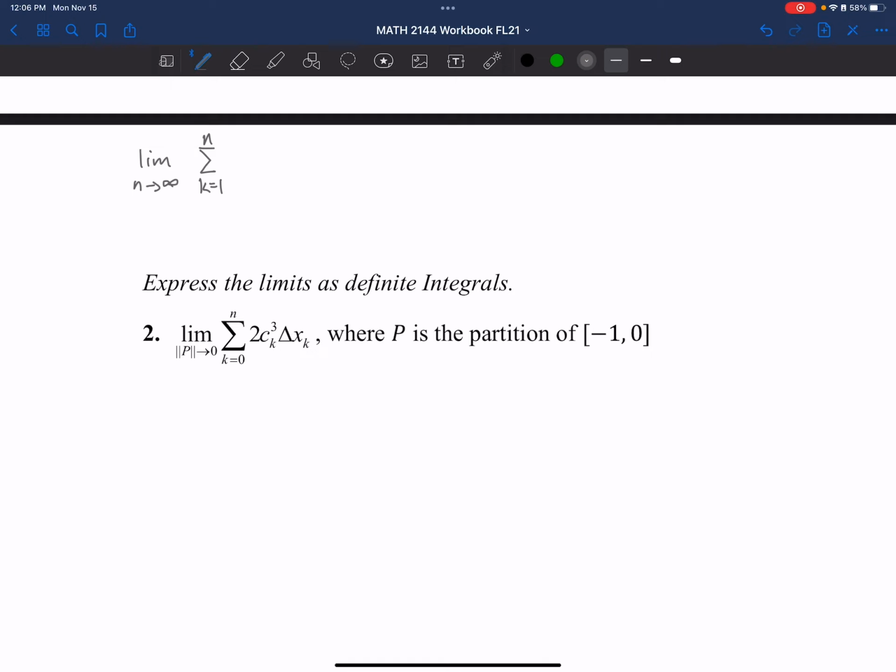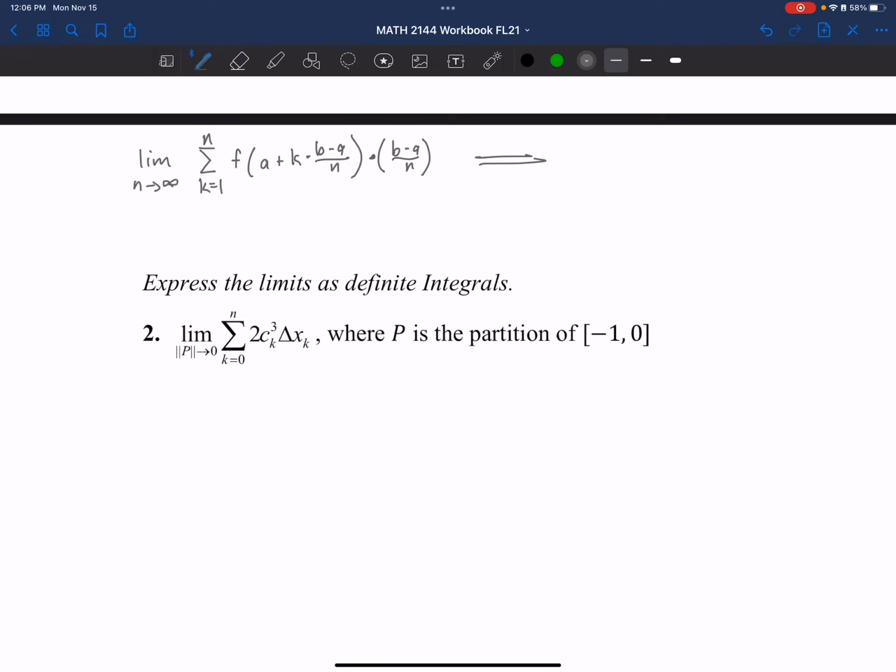So we're letting there be infinitely many rectangles. To find the height of the rectangle, you found f of a plus k times b minus a over n. That gives you the height of the rectangles in the certain interval. And then you multiply that by b minus a over n, which gives you the width of the rectangles in the certain interval. So this was very specific: all rectangles are of equal width.